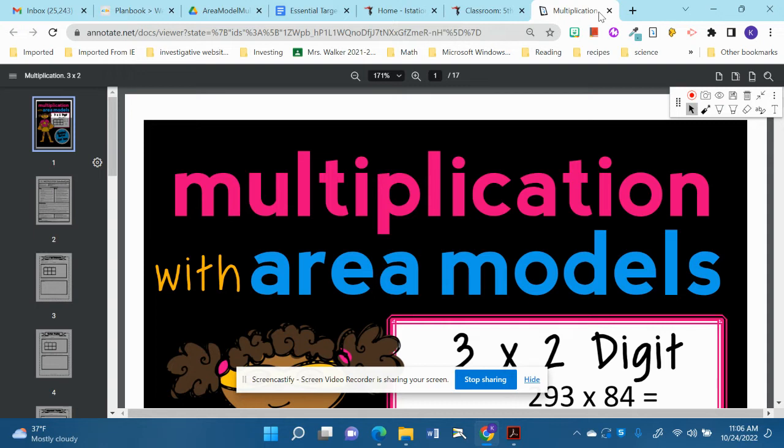What's wrong? There we go. It's just not holding in there tight. So this is on.